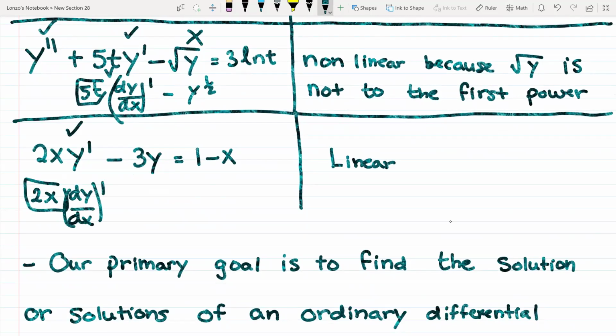This is fine because it's negative 3y to the power of 1. As long as it's to the power of 1, this has a coefficient of negative 3, which does not have a y in it, so that's fine. And then 1 minus x, you know that's linear. If you graph y equals 1 minus x, that's a linear function. So that's why it's linear.